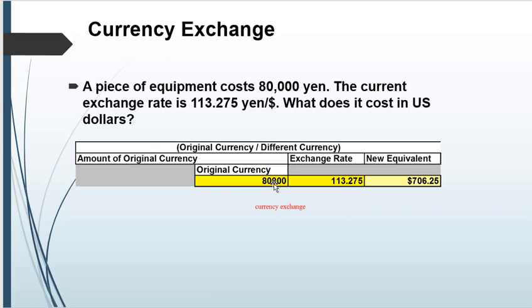We want to move 80,000 yen into dollars, so we need the number that's going to be yen per dollar. 80,000 yen divided by 113.275 yen per dollar is going to create roughly $706.25. That is what this piece of equipment costs. And we'll talk about this in some examples, etc., at a later time.